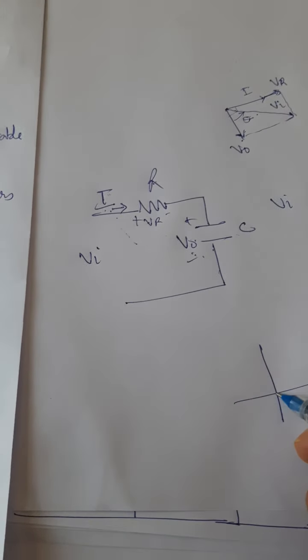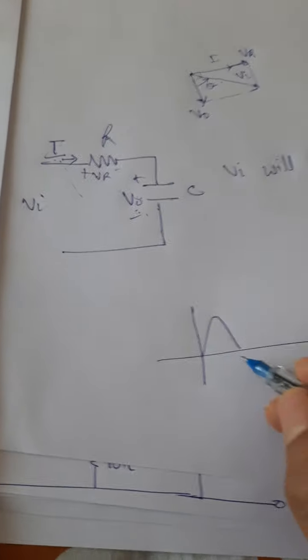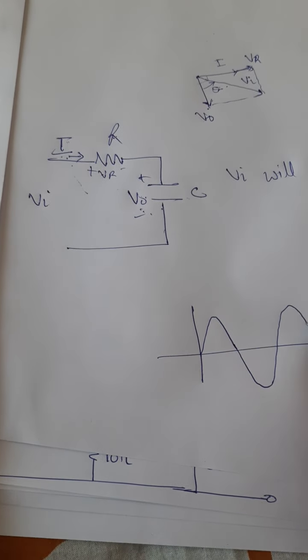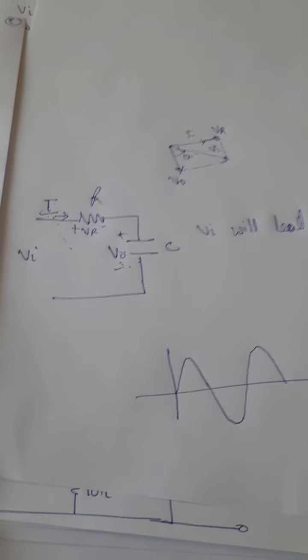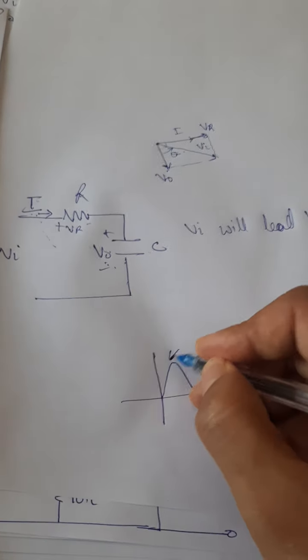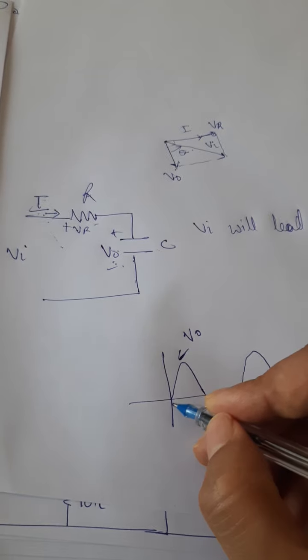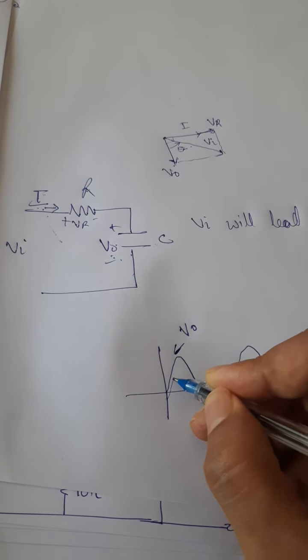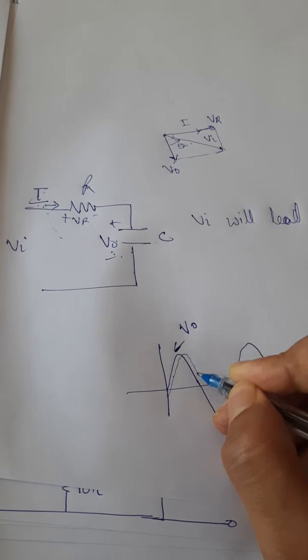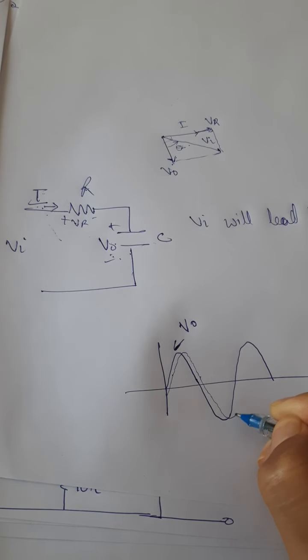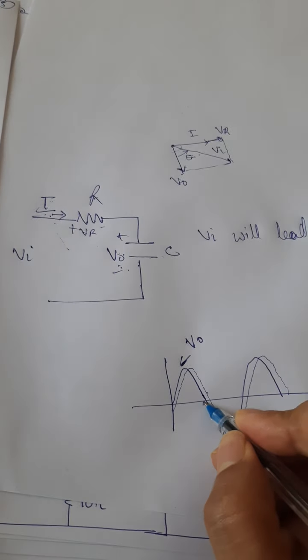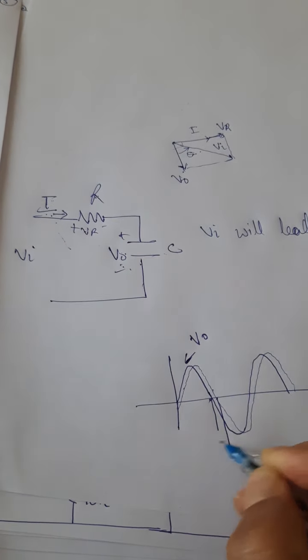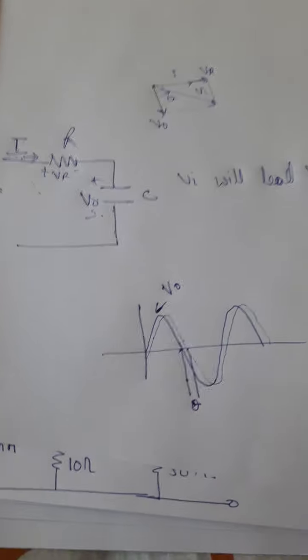So in that case, how will the waveform appear? I am saying this Vi will lead. This is my V naught. So I am saying, it will start from here. Here this angle will be equal to theta.